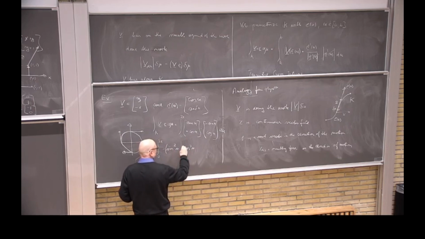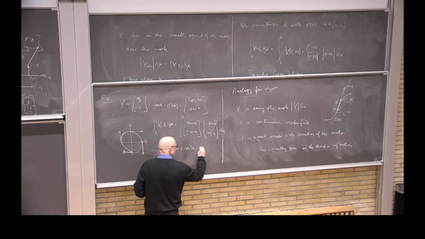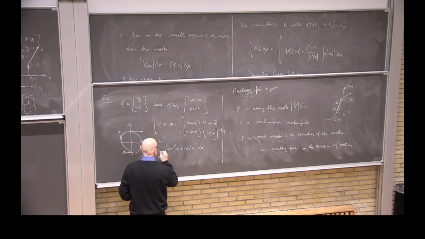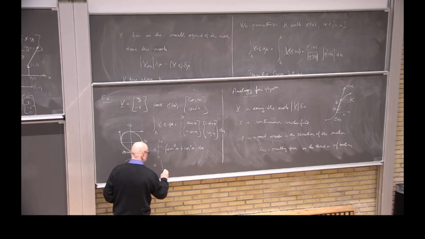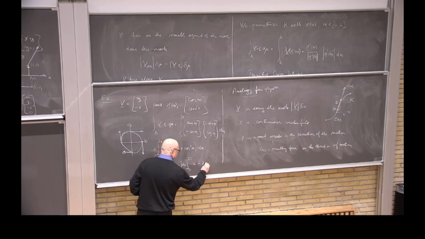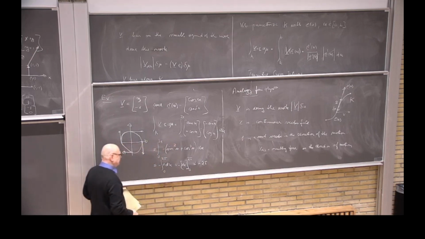I can put the minus sign outside, and here I just get a 1. So this is equal to minus the integral from 0 to 2 pi of 1 du. So that will be u taken between these limits, and you get the value minus 2 pi.